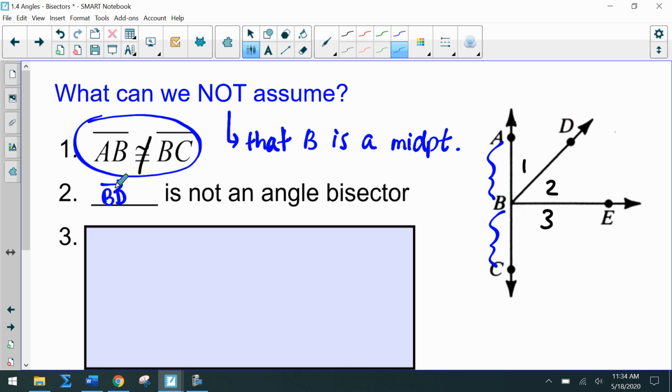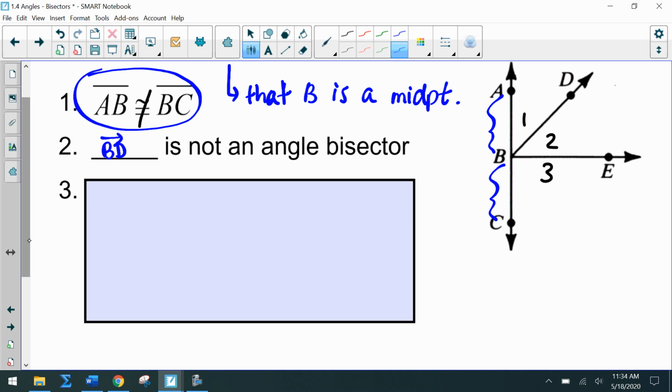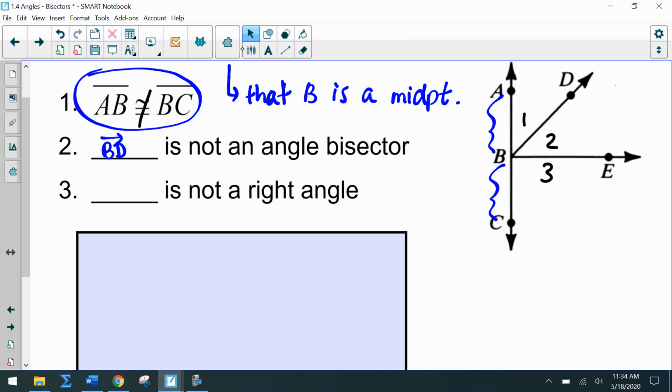There's no way of knowing if angle 1 and angle 2 are congruent; we would need more information. We also cannot assume that angle 3 is a right angle.